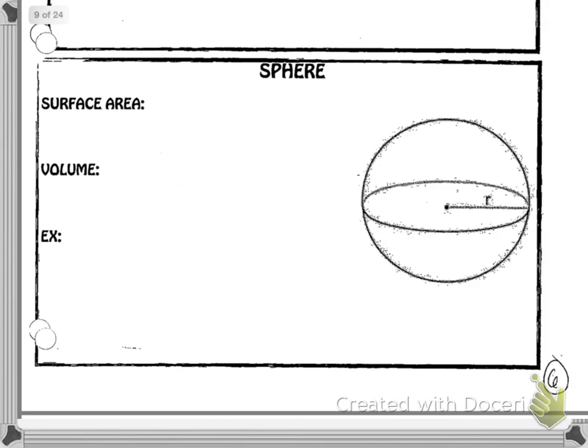Alright, the last formula we're going to talk about is for a sphere. Again, a sphere is based off of a circle. For surface area, we have the formula 4 times pi r squared. And pi r squared is the area of a circle.